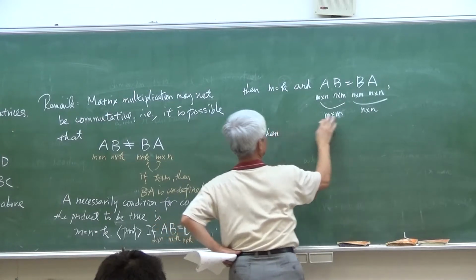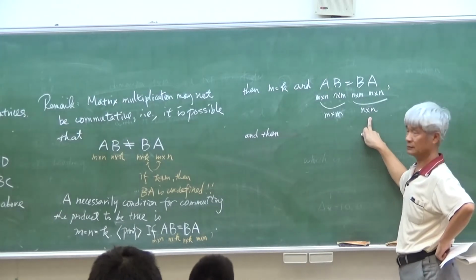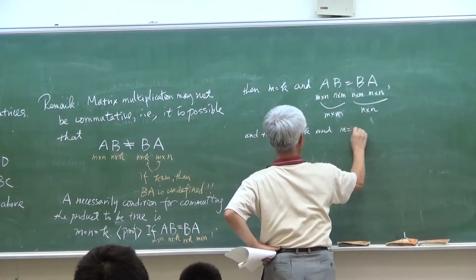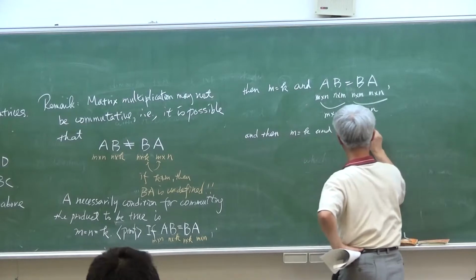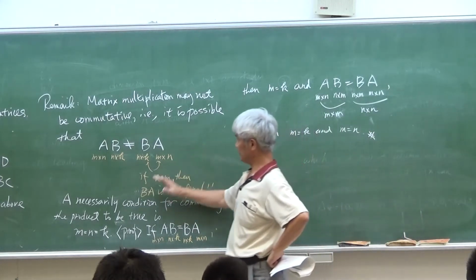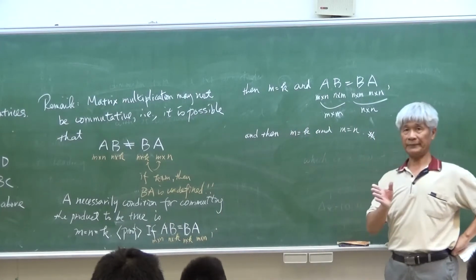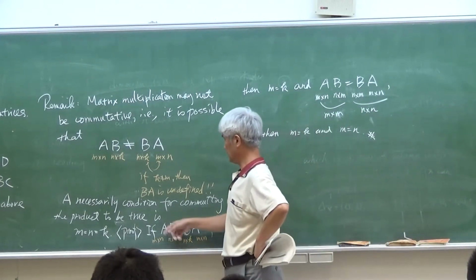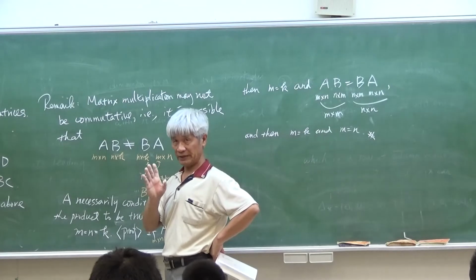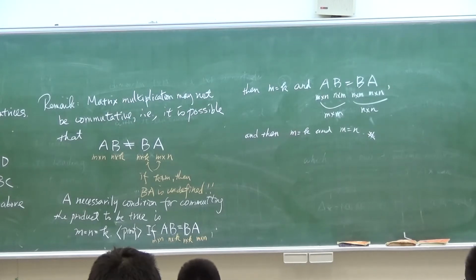And from here, because we have the identity, M must be equal to N. So we have a conclusion: if commutativity is true, then to check dimension, we must have M equal to N equal to K. So A and B are square matrices with the same dimension.